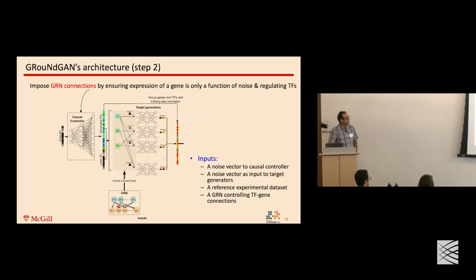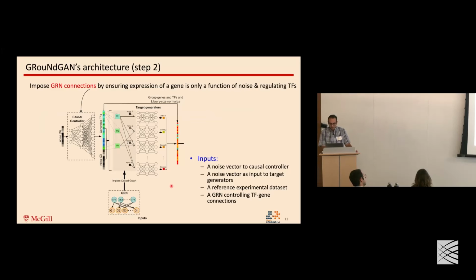Okay, so after these connectivities are connected this way, the output of this, which is the expression of the genes, is going to be concatenated with the transcription factor expressions that are the output of the causal controller. They're pooled together and again go into a library size normalization layer, the LSN layer.